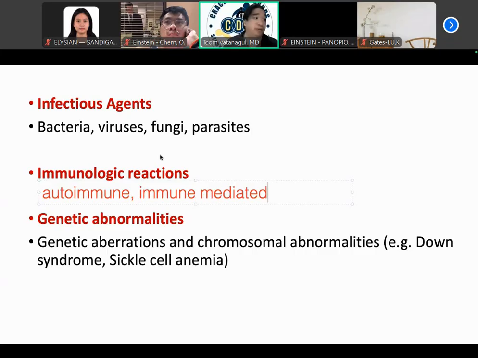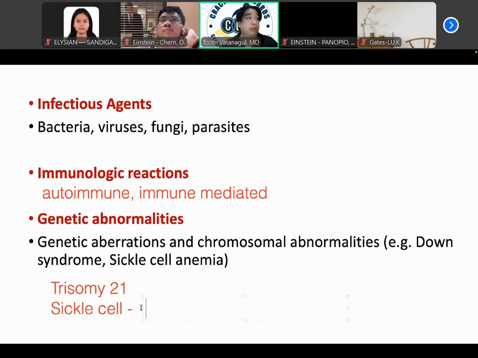Under genetic aberrations, this is mentioned in your textbook. They mention Down syndrome, which is trisomy 21. And they mention sickle cell anemia. Now, question. What are the 2 amino acids involved in sickle cell anemia? Okay, there's a substitution of the amino acids.